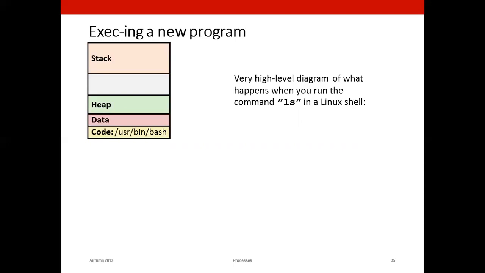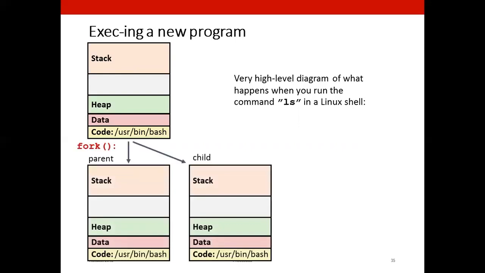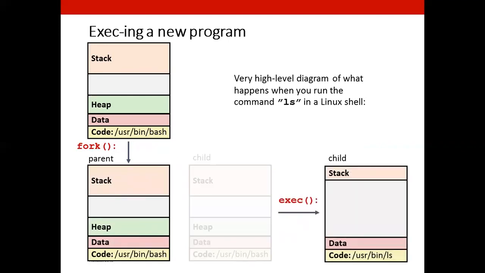In reality, what happens is that the bash program forks using the fork system call, in response to which a child is created that is a copy of its parent. Now, it needs to exec, replacing the address space and the code with the address space and code for the ls program.